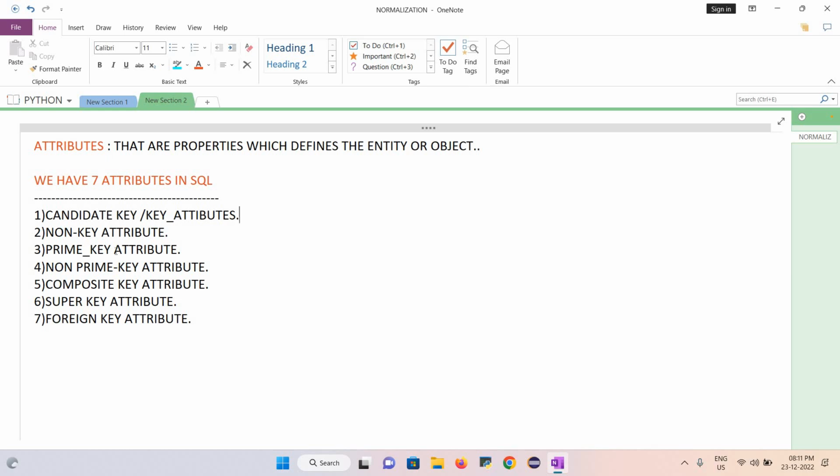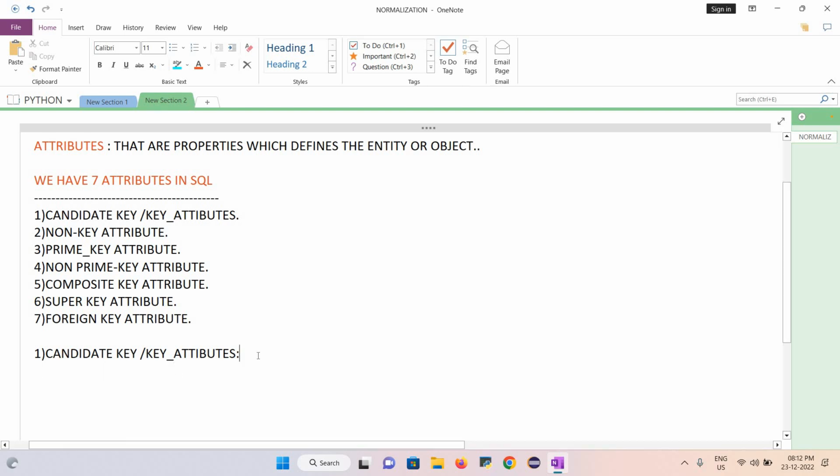That's why we have to follow these key attributes. Let me take the first attribute. What does the first attribute say?